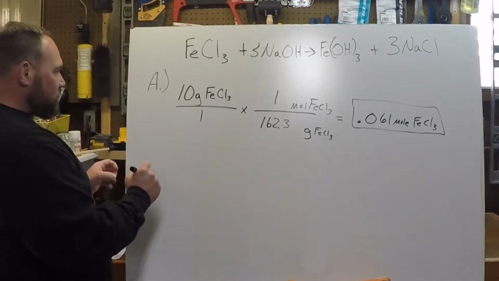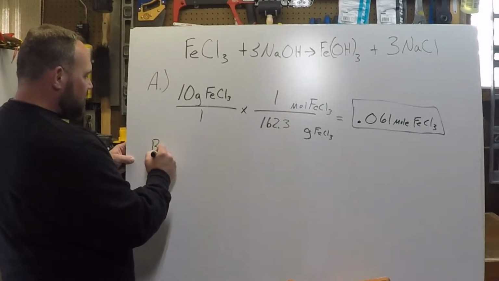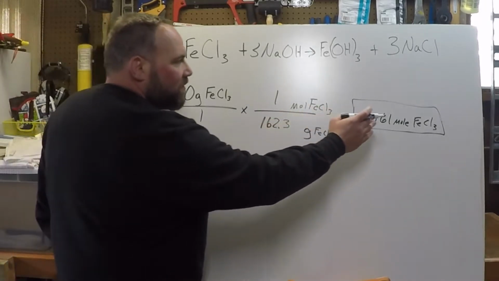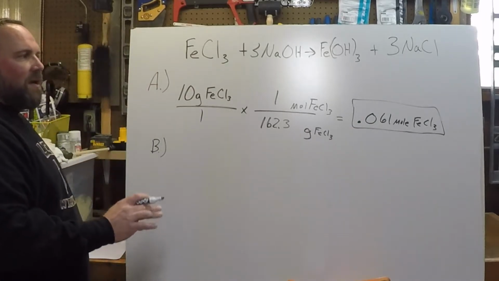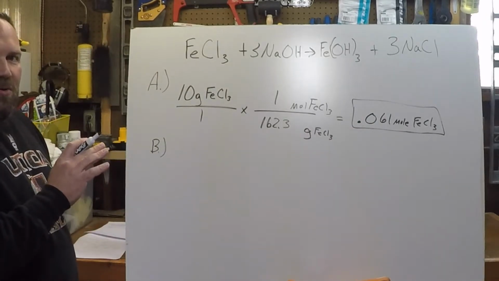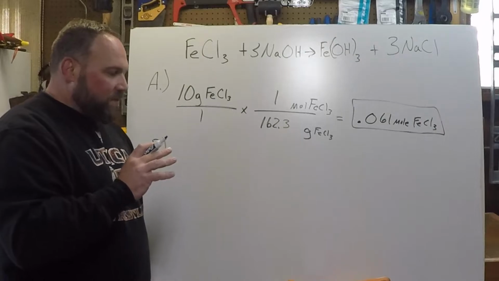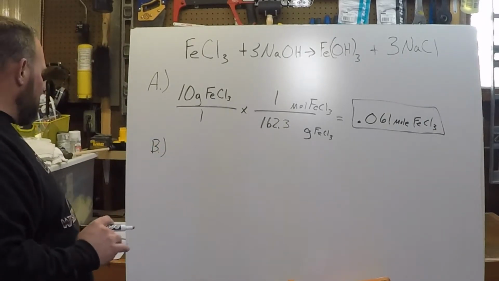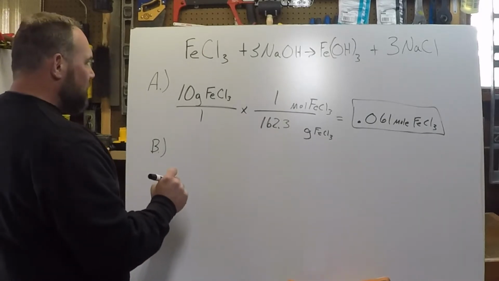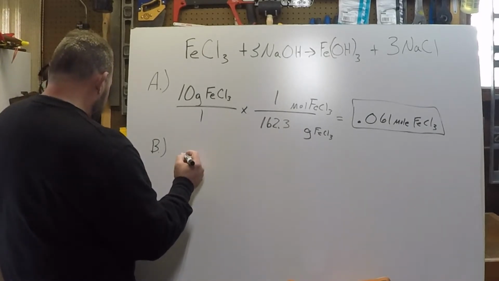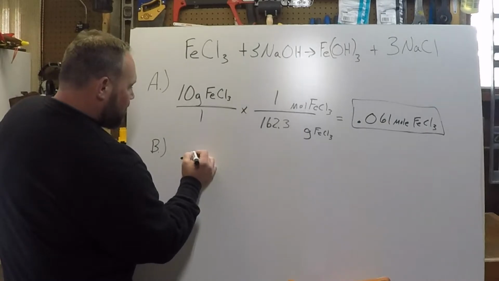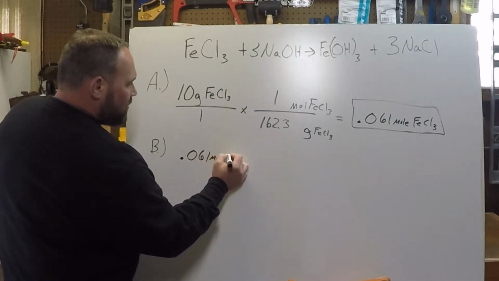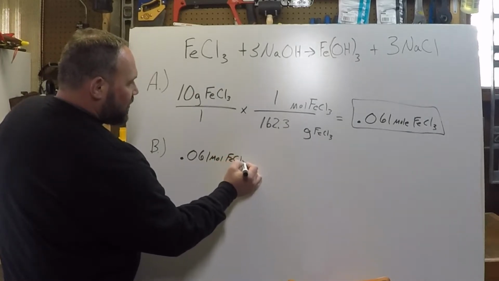All right, step B. Step B is we want to take moles of iron chloride and compare it to moles of sodium hydroxide. So I'm going to take the answer here, 0.061 mole of iron chloride.